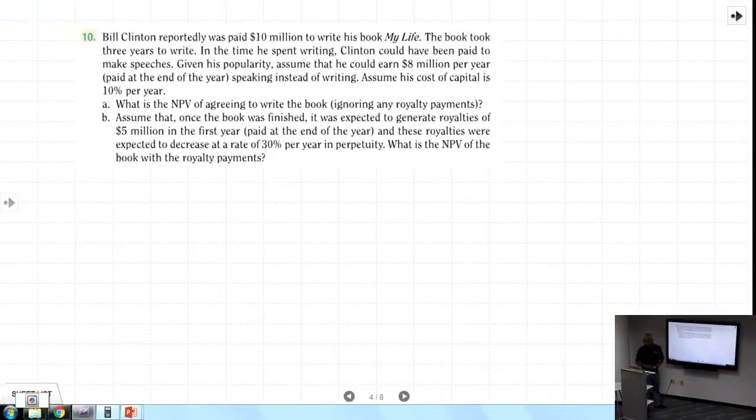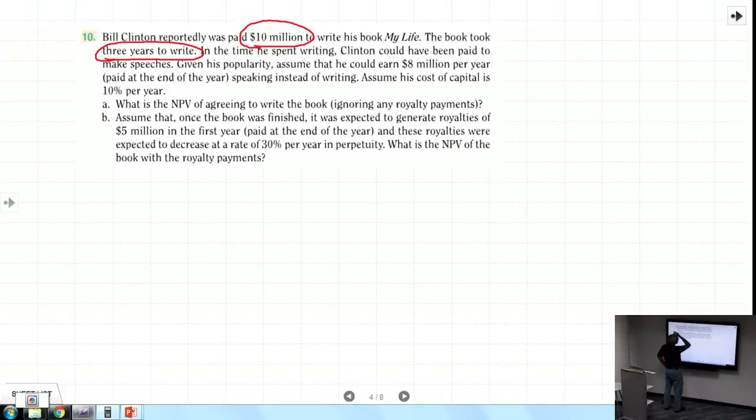Okay, let's take a look at problem number 10. So problem number 10, Bill Clinton was paid $10 million to write his book. So this is his cash flow in year 0. The book took 3 years to write, so that's the timeline.